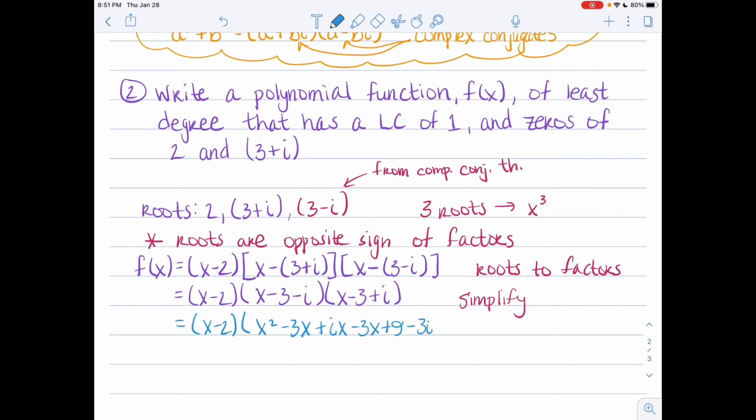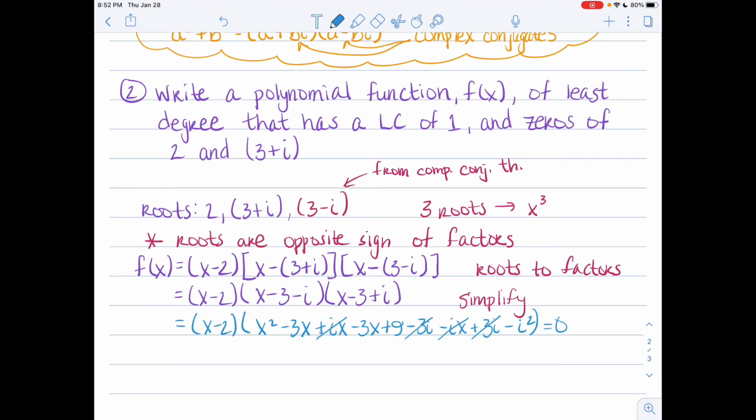And then finally, when I use the negative i and multiply that times each term, I'm going to have a minus ix, a plus 3i, and a minus i squared. But I'm starting to notice that I've got some opposites that will cancel out. I have a plus ix and a minus ix. I have a minus 3i and a plus 3i.